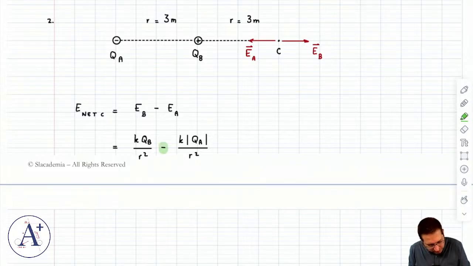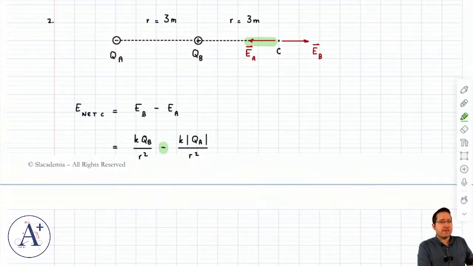If you write minus because EA points to the left, which is correct, you have therefore accounted for the fact that QA is negative, because the reason why EA points to the left is because QA is negative. So you've accounted for direction, therefore here you want the absolute value of QA.